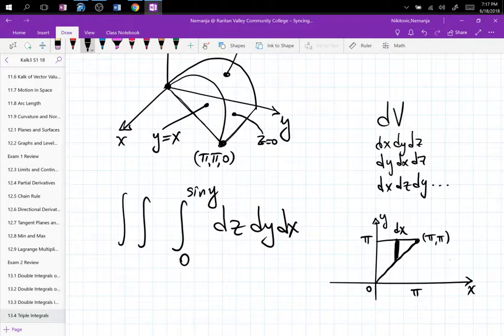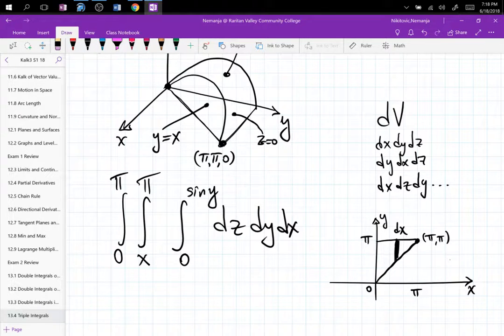So when you draw dx, the most left position that dx can take is the lower limit, which is 0. The most right position in x that it can take, which is pi, is there. And then for dy, the bottom one goes on the bottom. Well, that's y equals x. And the top one, which is y equals pi, goes on top.